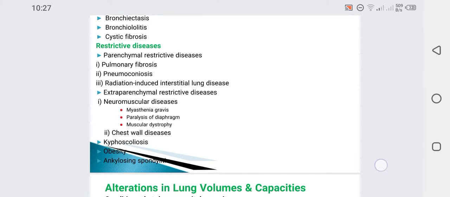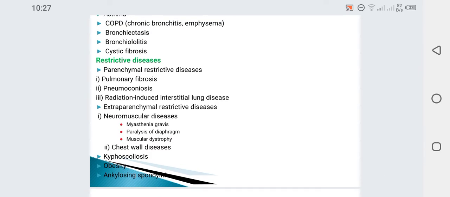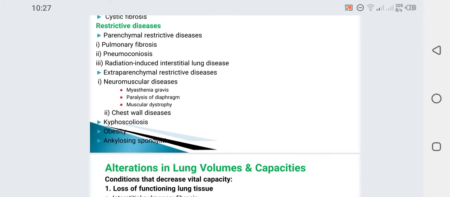Restrictive diseases include parenchymal restrictive disease, pulmonary fibrosis, pneumoconiosis, radiation-induced interstitial lung disease, and extraparenchymal restrictive disease. Chest wall disease and kyphoscoliosis are also included in this restrictive type. Neuromuscular diseases include myasthenia gravis, paralysis of the diaphragm, or any type of muscular dystrophy. Obesity also comes under restrictive disease.